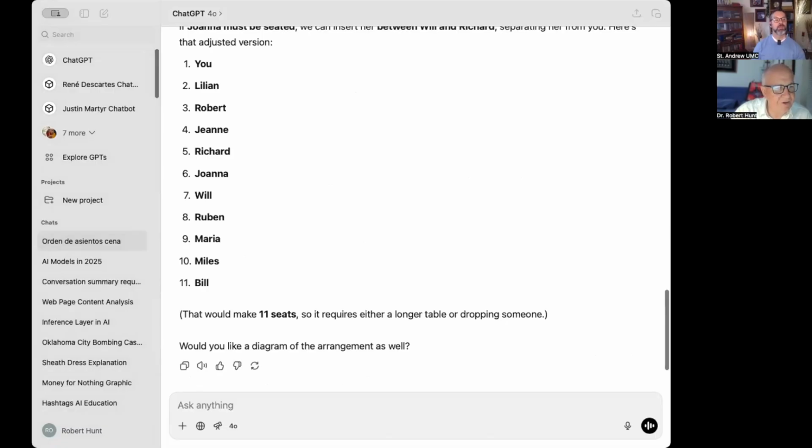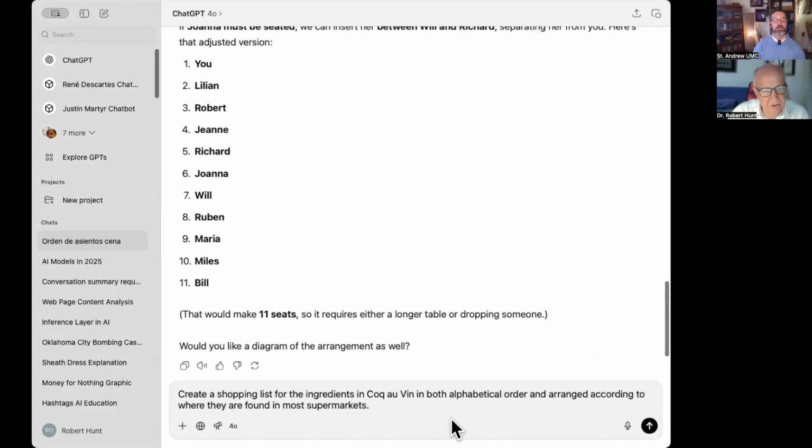Okay, so let's give it another, more interesting question to answer. By the way, if you want something that is absolutely super useful, because I have used this, and I'm copying and pasting to save a little time: create a shopping list for the ingredients in coq au vin in both alphabetical order and arranged according to where they are found in most supermarkets.